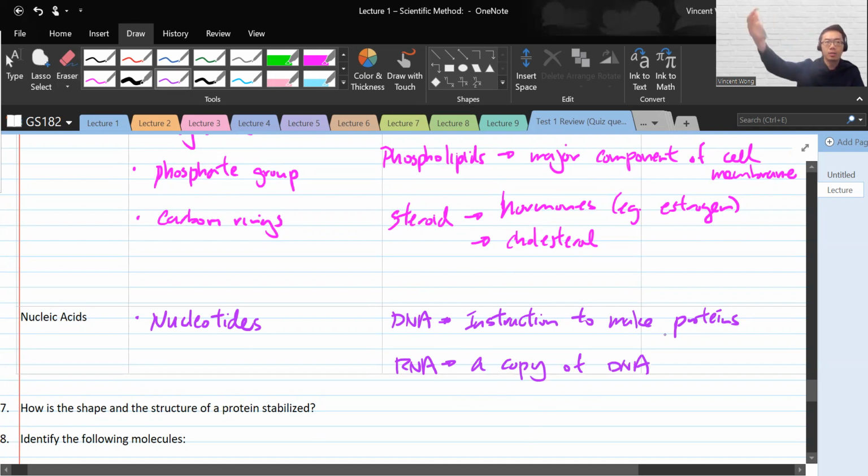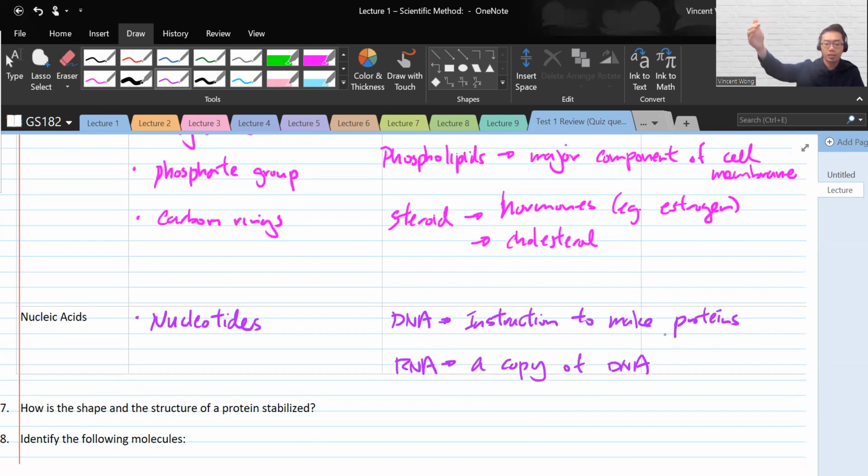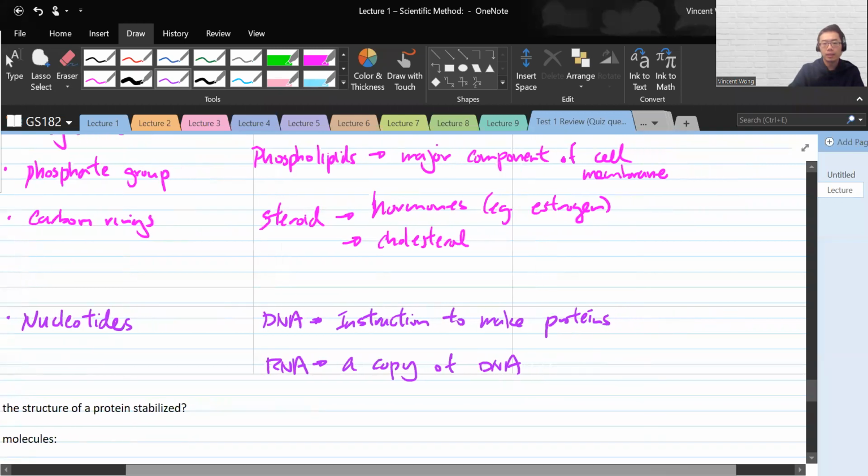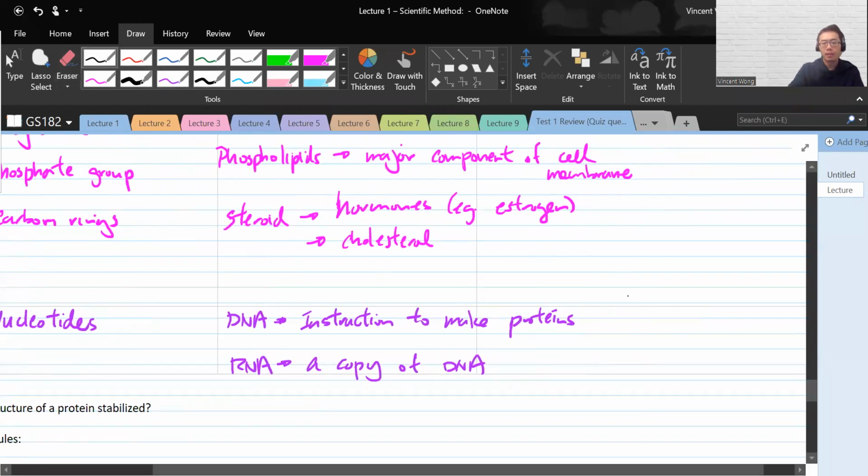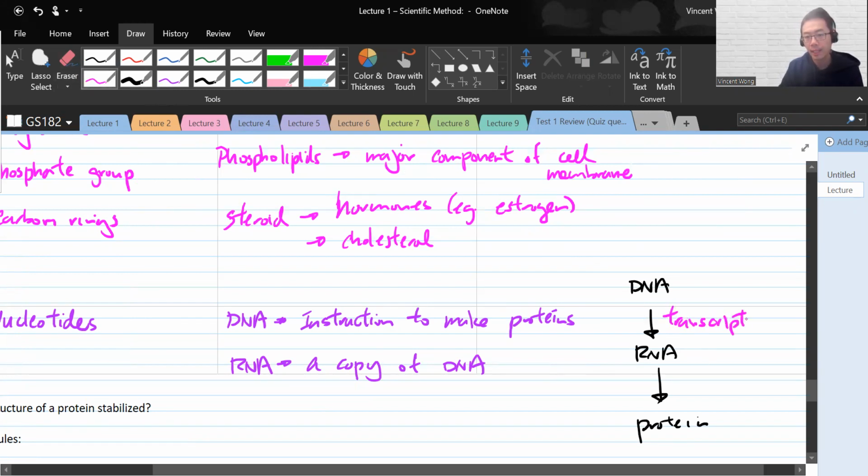Remember we talked about transcription: from DNA to RNA is transcription. I can write it out for you. From DNA to RNA, you do transcription. That's making a copy of DNA in the form of RNA.